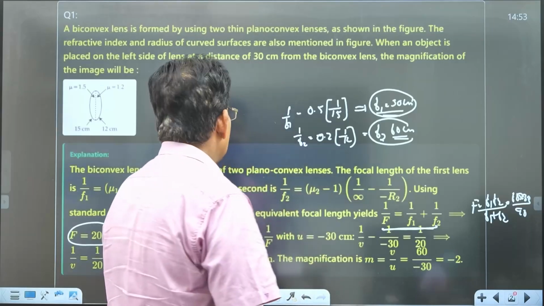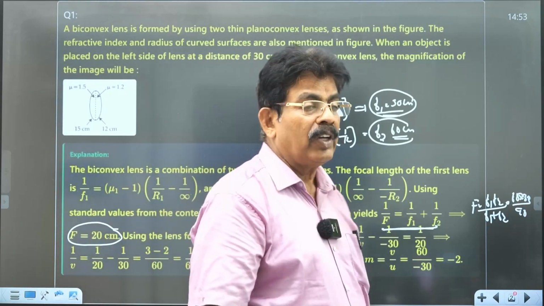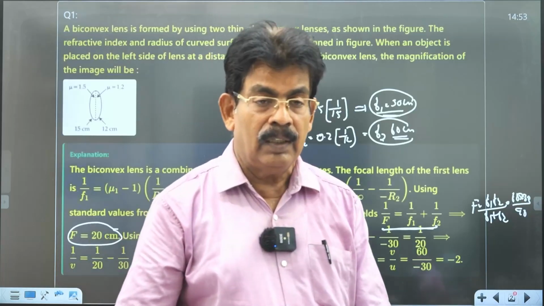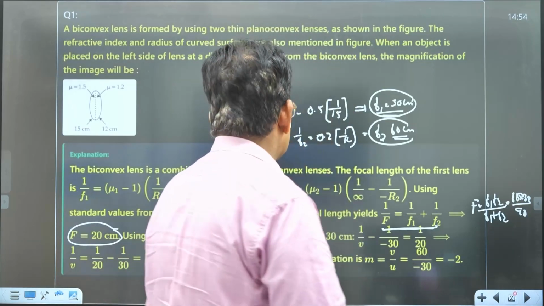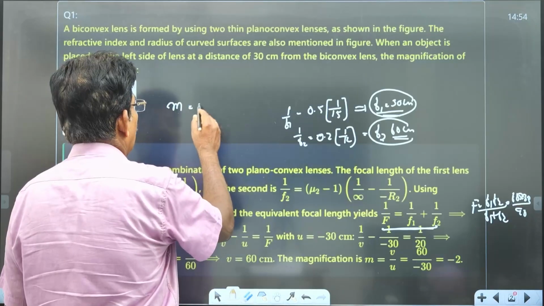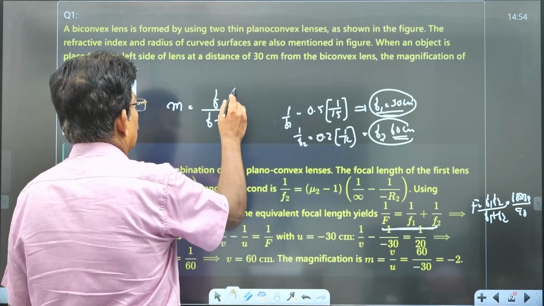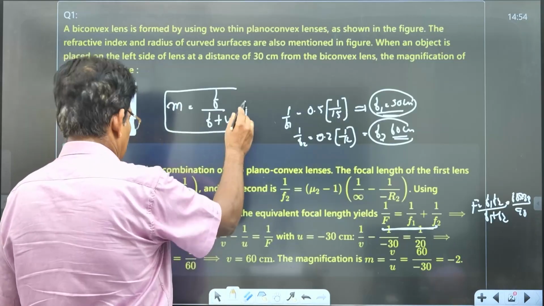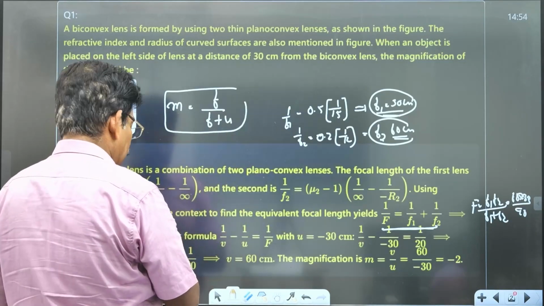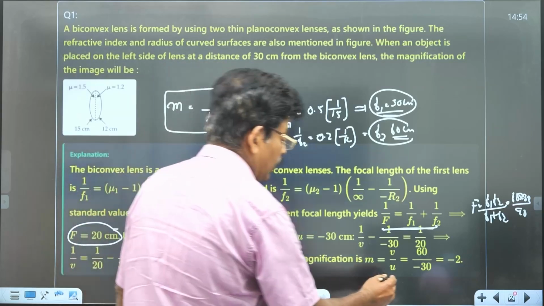Now, because on many occasions we have used this, for a lens the magnification is given by the formula f divided by f plus u. That will be a convenient formula. Earlier we calculated v, then v by u, to get the magnification.